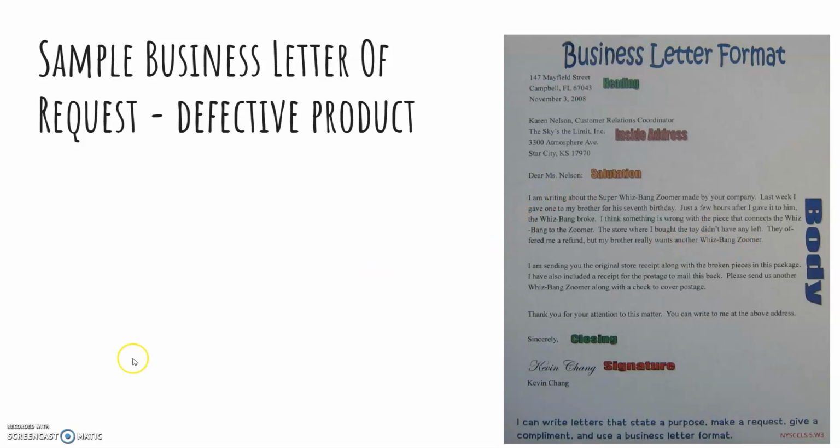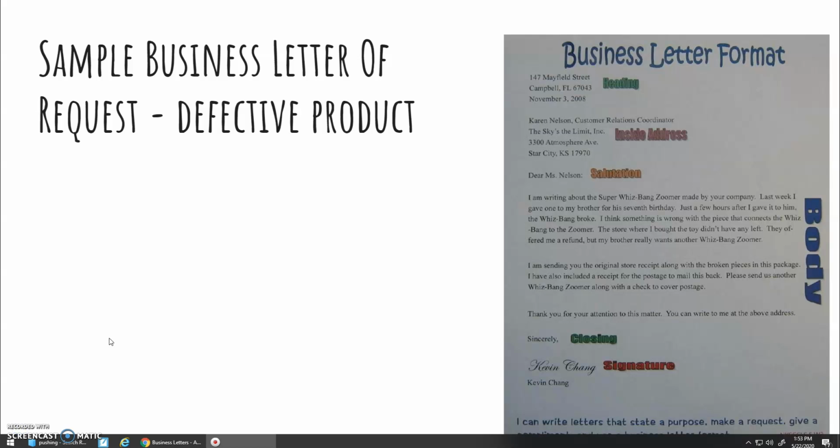So it talks about the facts. In the next paragraph is your request. So I am sending you the original store receipt along with the broken pieces. Please send us another whiz-bang zoomer along with a check to cover postage. And in the last paragraph, this is the most important sentence of any business letter. Thank you for your attention to this matter. Okay, so when you're asking for something, don't ask for the moon.